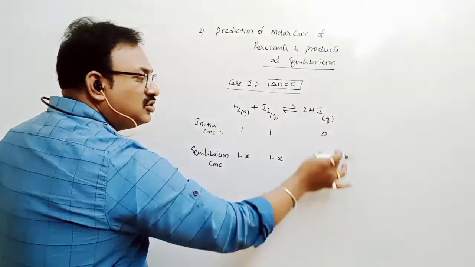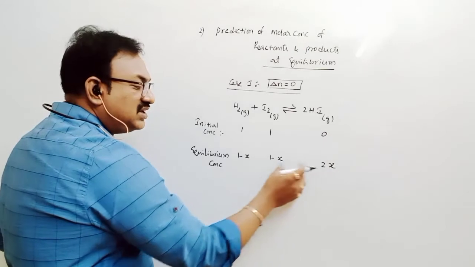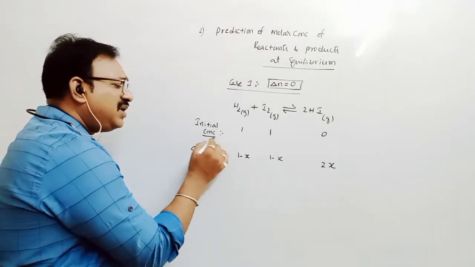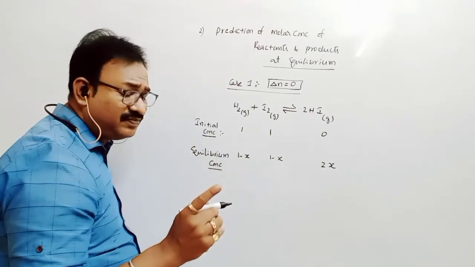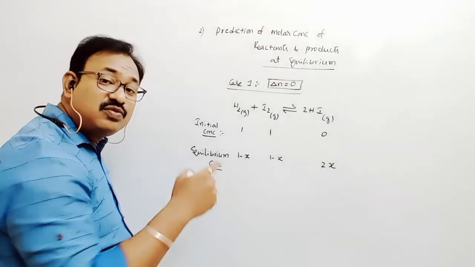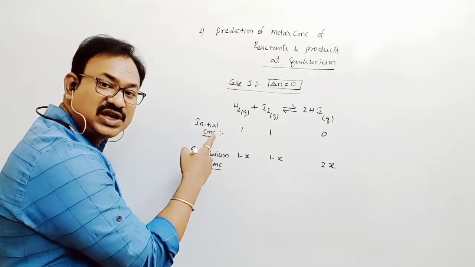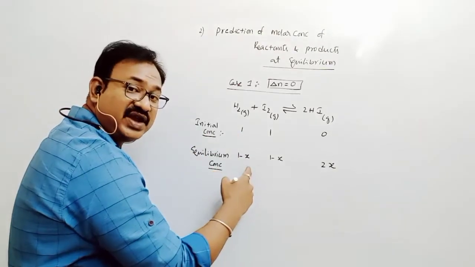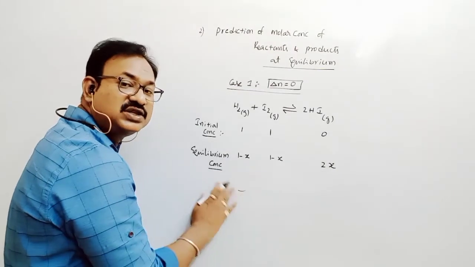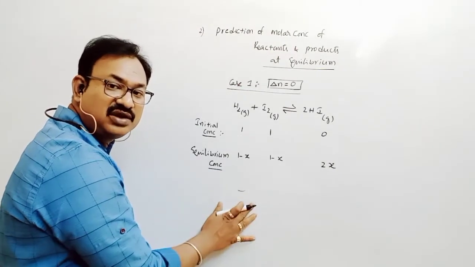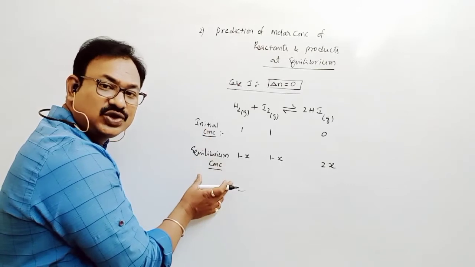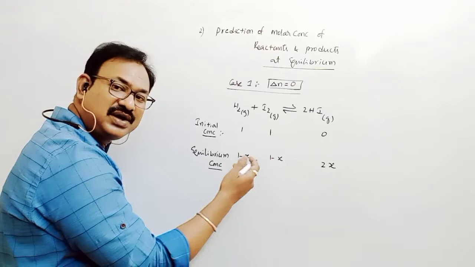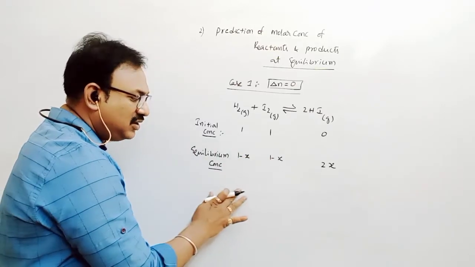So HI concentration is 2x, and this one 1 minus x, this one 1 minus x. I am directly taking concentration here. If moles were taken, then initial moles at equilibrium should be divided by V, because concentration means number of moles by volume. I already wrote concentration here, so you should imagine it as mole per liter. Already volume is included. Okay.